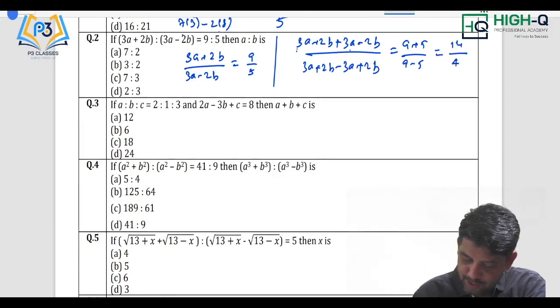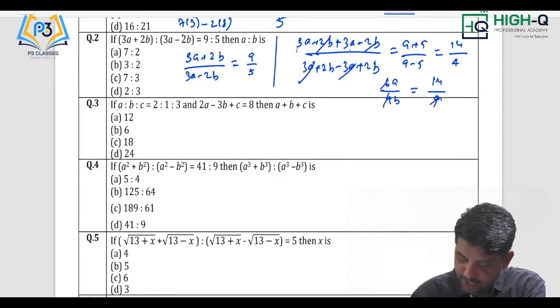When you add, 6a by 4b. 14 by 4, the 4 gets cancelled, 3 twos are 6, 7 twos are 14. Bring this 3 here. So a by b is equal to 7 by 3, which is our answer.